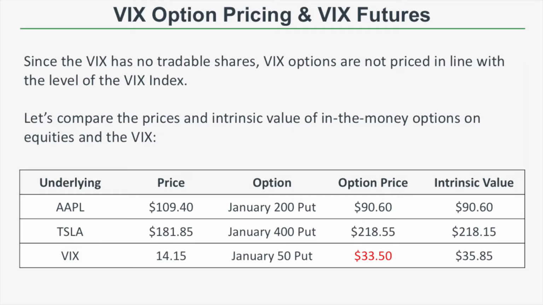So lastly, looking at the VIX at 14.15, the January 50 put has a value of $33.50, while the intrinsic value of that put to the VIX index is $35.85. So clearly there's a problem because the options price is not at least its intrinsic value. So now let's go ahead and compare that same option to the January VIX future.